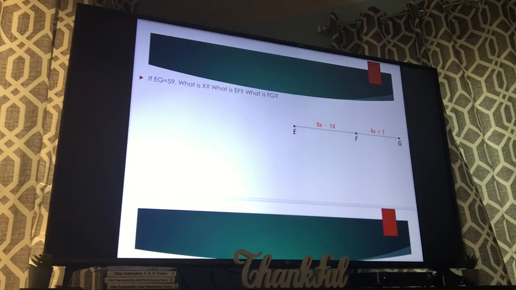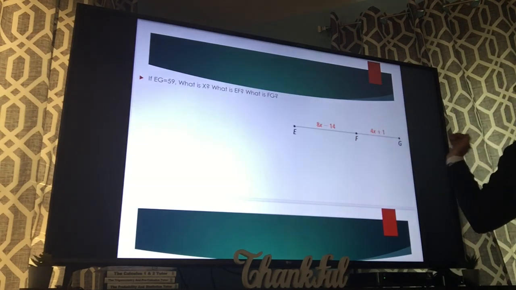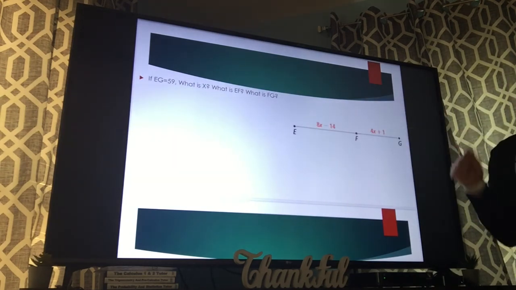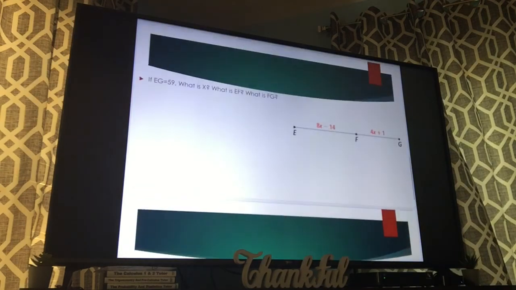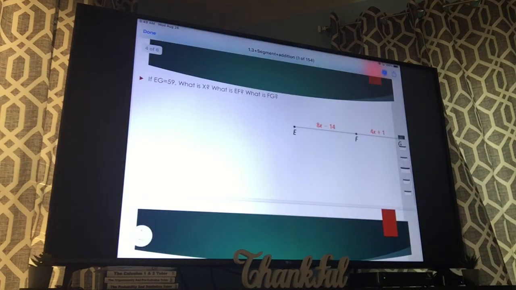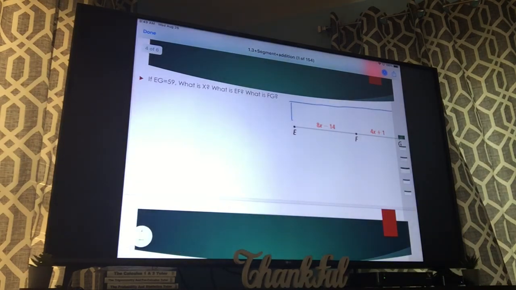So, with our segment addition postulate, if you take this one plus this one, it should equal the whole one. Okay? So, the whole one equals 59, and we know that because that is given. So, we're just going to write them out, and I'm going to zoom way in.